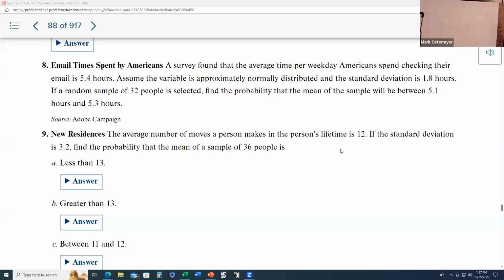If the standard deviation is 3.2, find the probability that the mean of a sample of 36 people is less than 13 moves. So go ahead and compute that probability. Notice again, they want the probability that the mean of a sample of size 36 is less than 13. So be on guard for that. Okay, go ahead and do that problem.